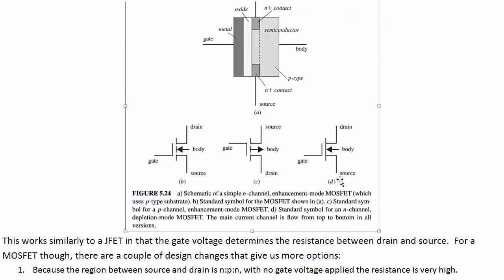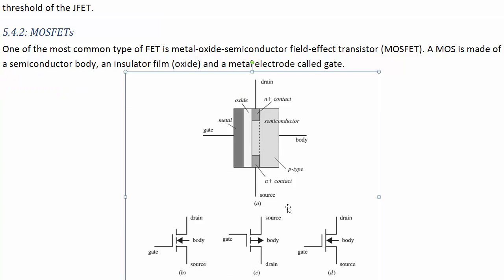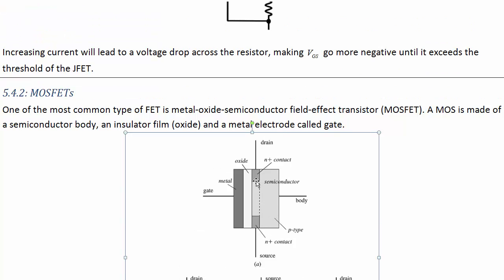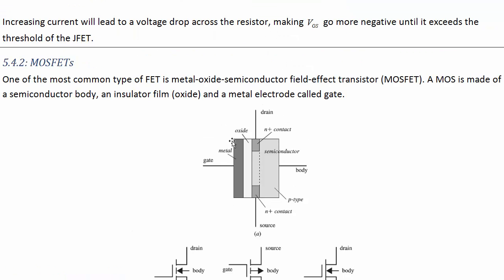There's another kind called the depletion mode MOSFET, which works just like a JFET in that with no gate voltage applied, it still conducts from drain to source. So there is a channel with a gate voltage of 0 relative to source. But it's still true for the MOSFET that you can't flow current into the gate. It's still got that oxide. So that means that for the enhancement mode or the depletion mode MOSFET, you can take the gate voltage positive or negative to increase or decrease the resistance from drain to source.